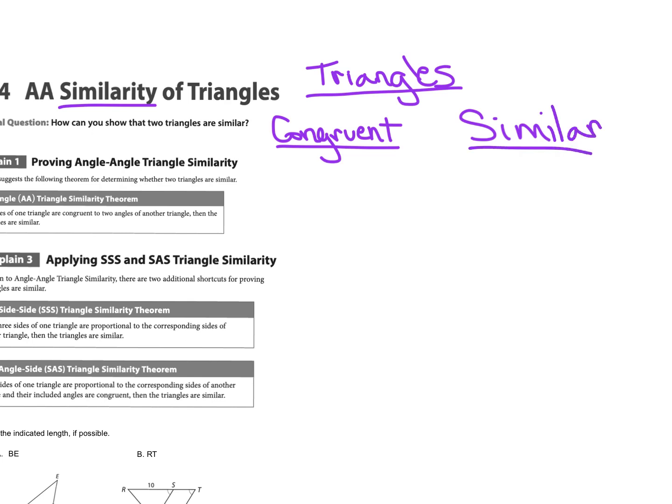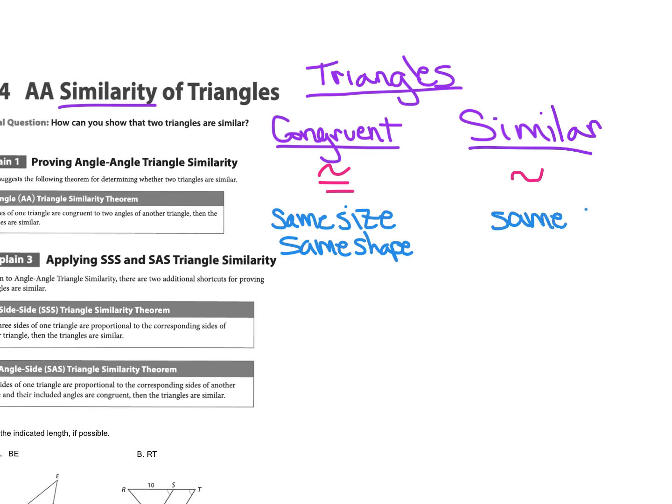Now, a congruent mark is like that, and a similar mark is like that. Congruent means same size, same shape. Similar means same shape, different size.